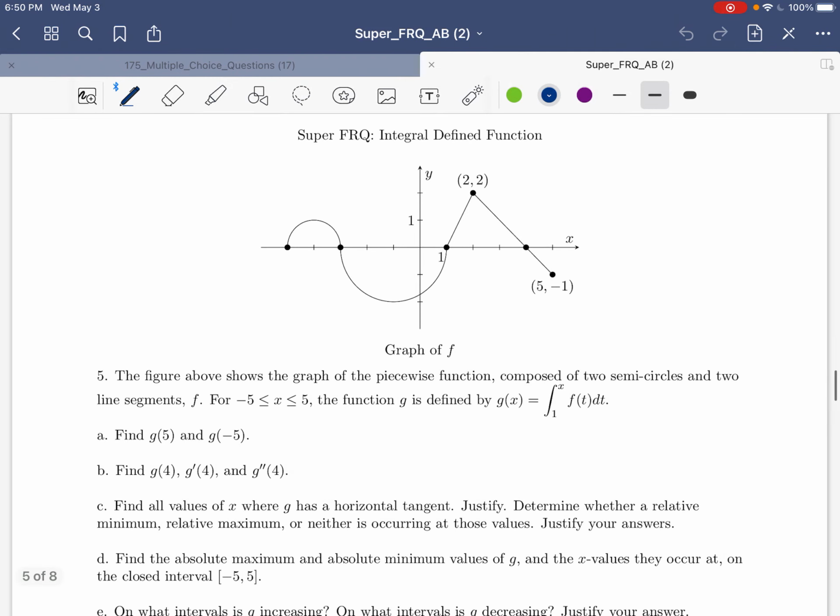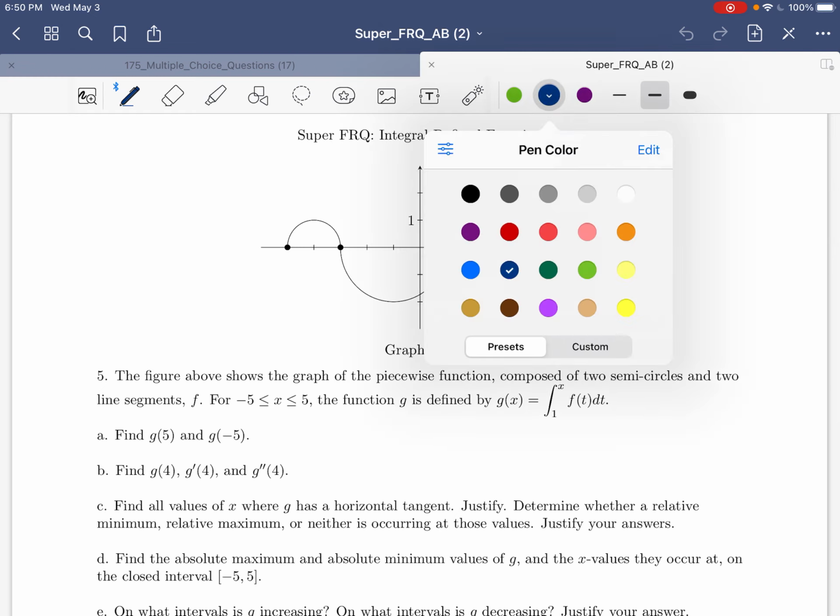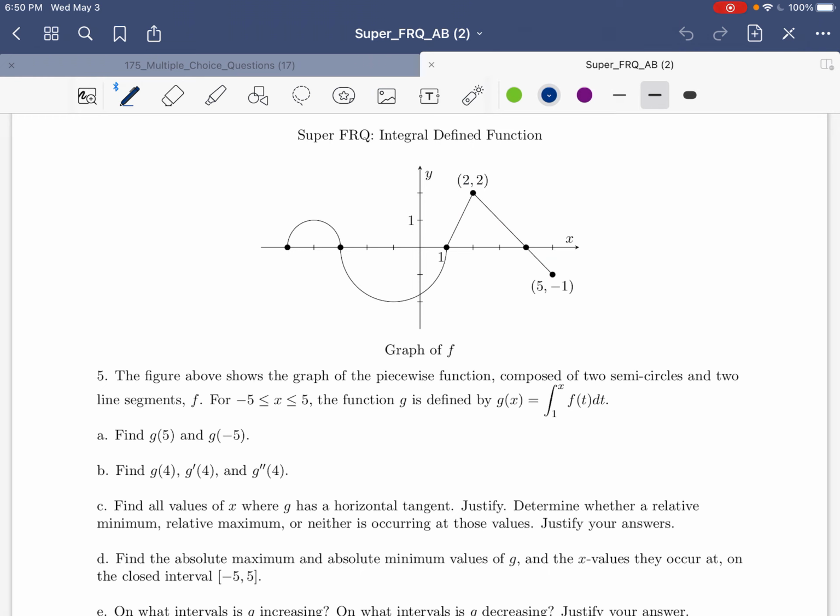Alright, we're on to super FRQ 5, so integral defined functions. The first thing we always want to do on these is make sure we know what function relates to what. So the first thing they tell us, g of x equals the integral from 1 to x of f of t dt.